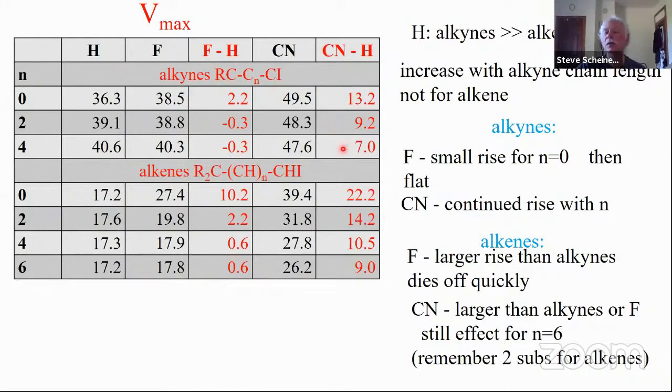Second, it's 9. The third, it's 7. So even with 3 intervening alkyne groups, triple bonds, the effect of the CN is still lingering. The CN also intensifies the maximum with the alkenes as well. So this summarizes those effects that I've just mentioned.